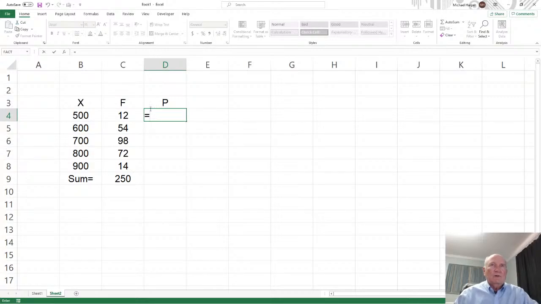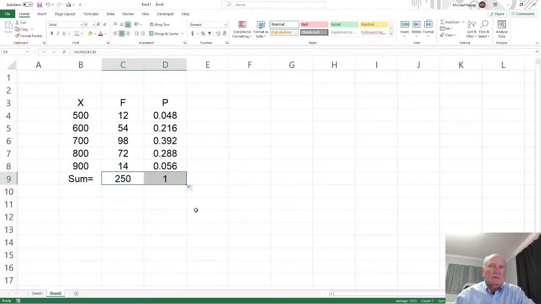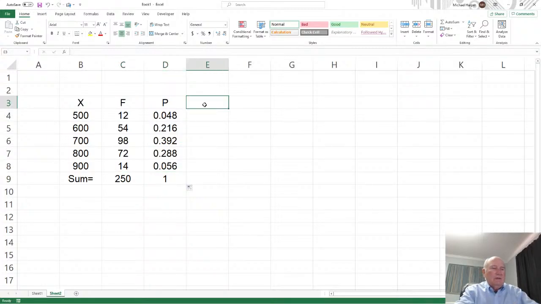That's going to equal the frequency divided by the total frequency, with F4 to fix that. Then we just copy this down. Now if I copy the sum, it's going to sum to 1 because it's a frequency distribution.